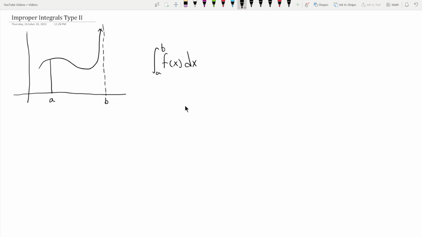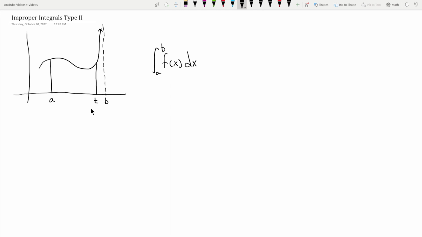So I'm going to do something similar to what we did with the type 1 integrals, and that is, if I stop my integration bound somewhere before b at t, then what I have is a finite area under the curve.